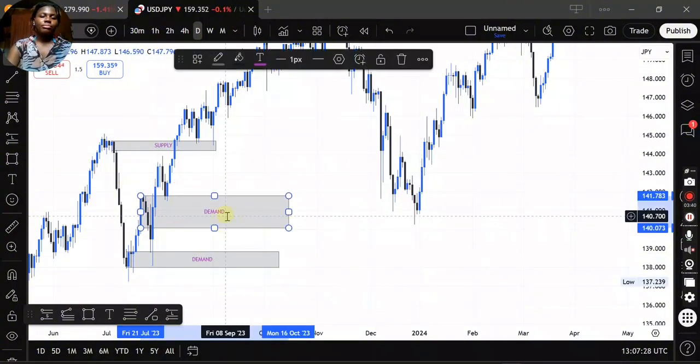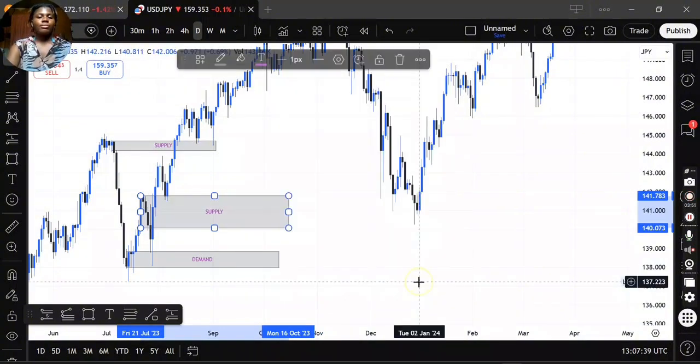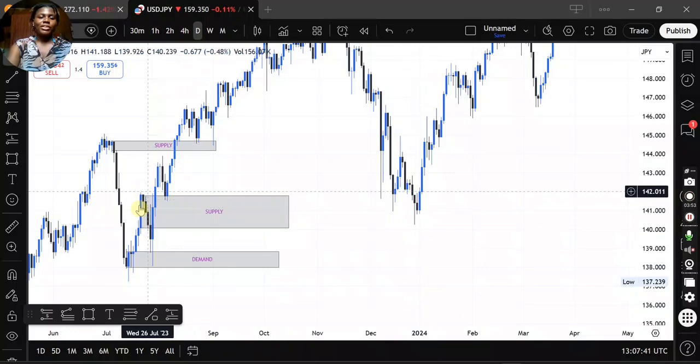Sorry, my bad, I meant to say supply. The resistance point, the last buy candle, supply. The last buy candle, another supply level here.